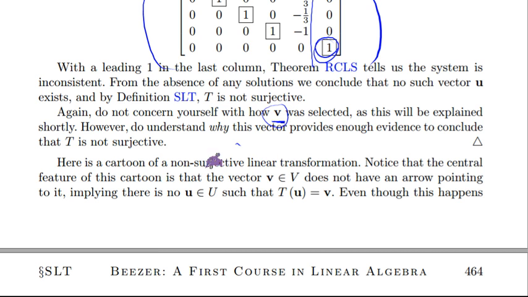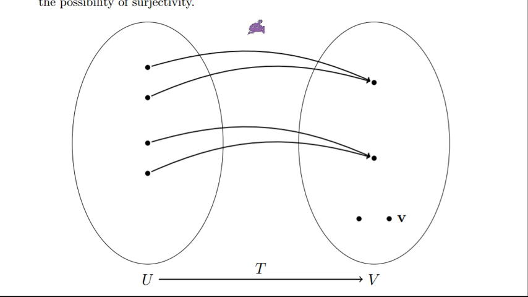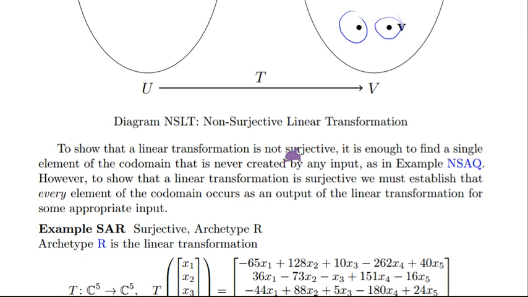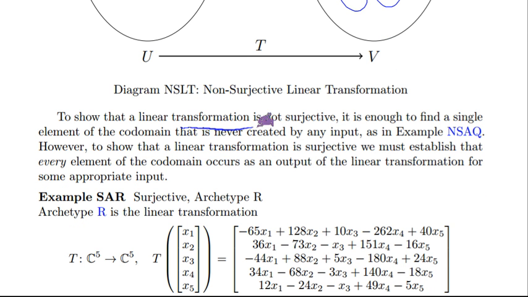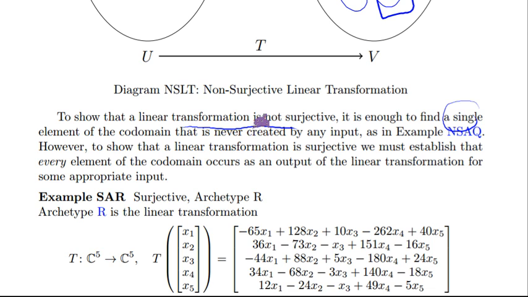He's just showing the notion of surjective. And here we have this is non-surjective. Non-surjective means there are singletons out here. To show a linear transformation is non-surjective, it's enough to find a single element that is not mapped.